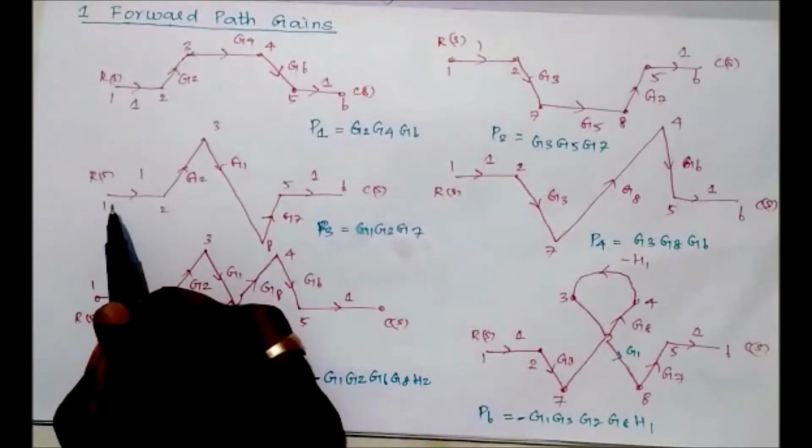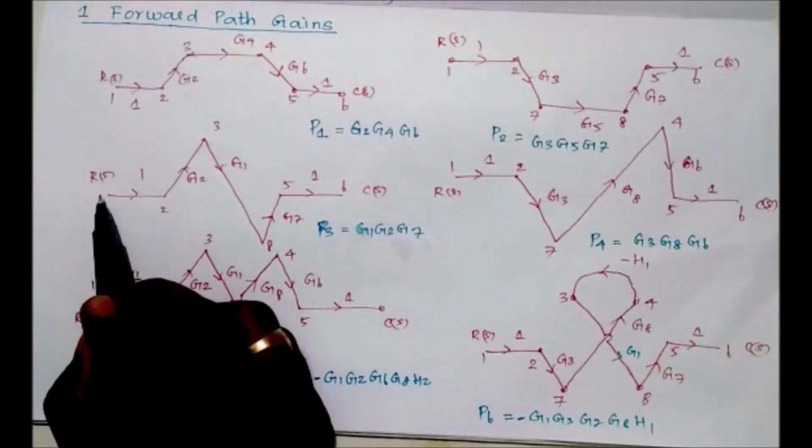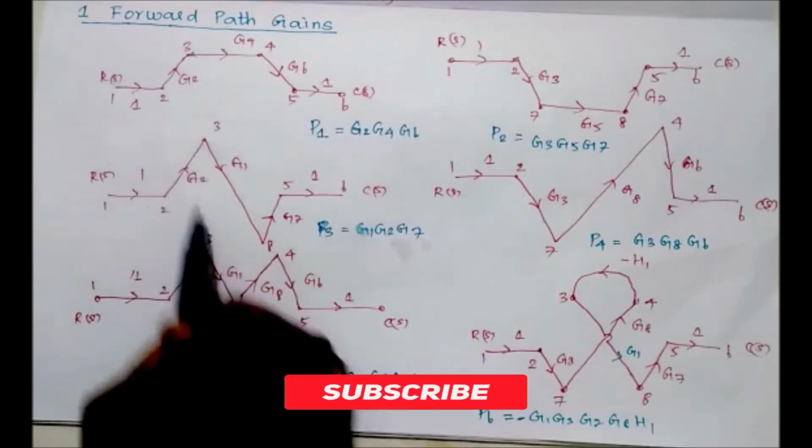Actually, this is the third forward path. It involves the nodes 1 2 3 8 5 6.